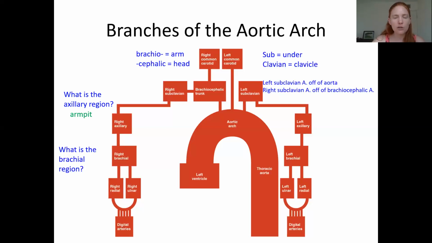The axillary will pretty rapidly become the brachial. So it's only axillary in this armpit region. After that, it becomes the brachial, which means arm. So you have the brachial artery that runs along the whole part of the arm, above the elbow. Once you get into this region, the arteries are named by which bone they run along.